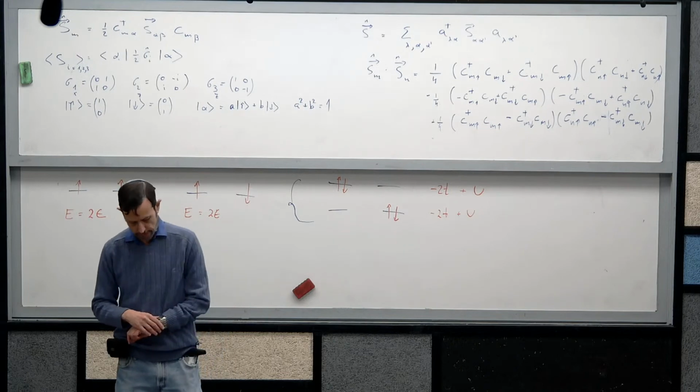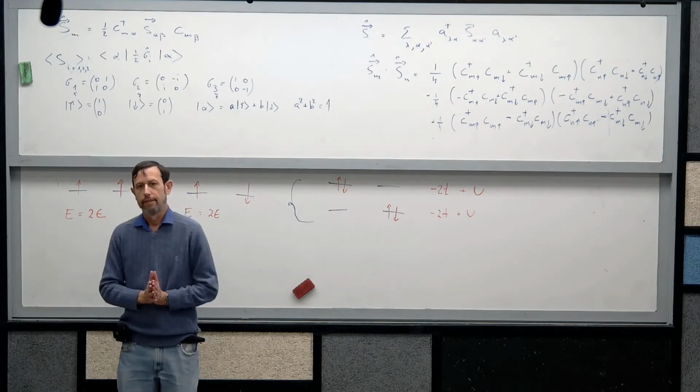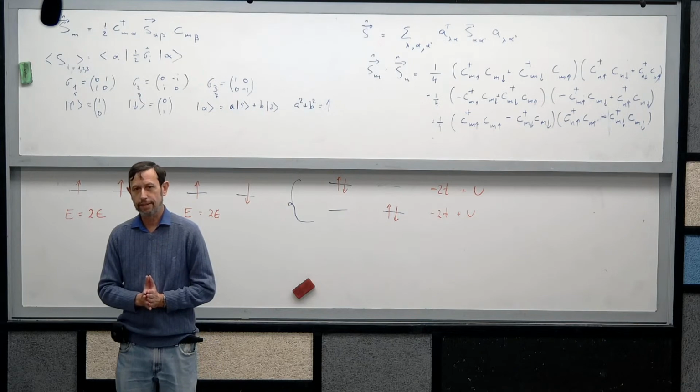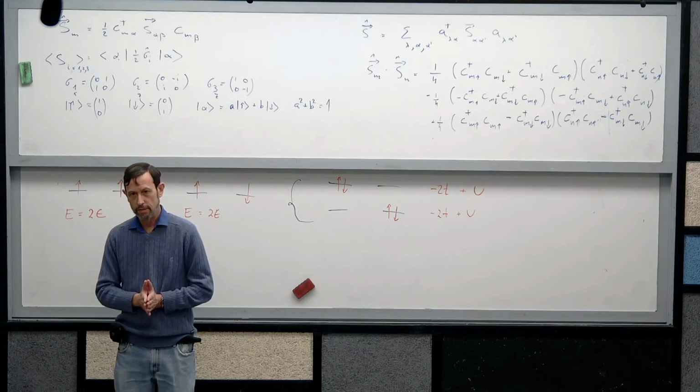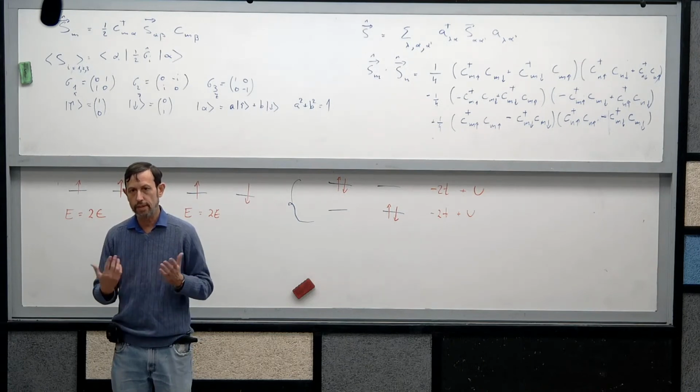If you want, in a 2-second highlight, if you have a positive interaction between the electrons, you basically can look at the two electrons as a bound particle or a bound state.